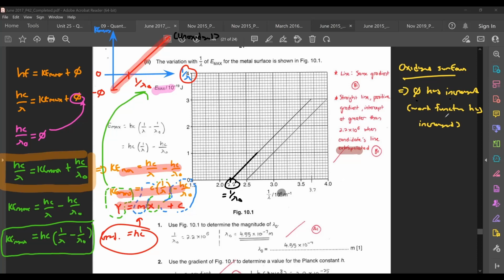Your work function has increased, so you can say your y-intercept is more negative, because the magnitude of phi has increased. Originally you already know that the y-intercept is negative phi.